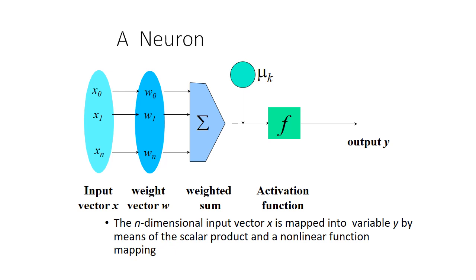Then there is a function called the activation function, and after that the output will be generated. The n-dimensional input vector X is mapped into variable Y by means of the scalar product and a non-linear function mapping. What these activation functions are and what bias is, we will see in the next slides or in the next class.